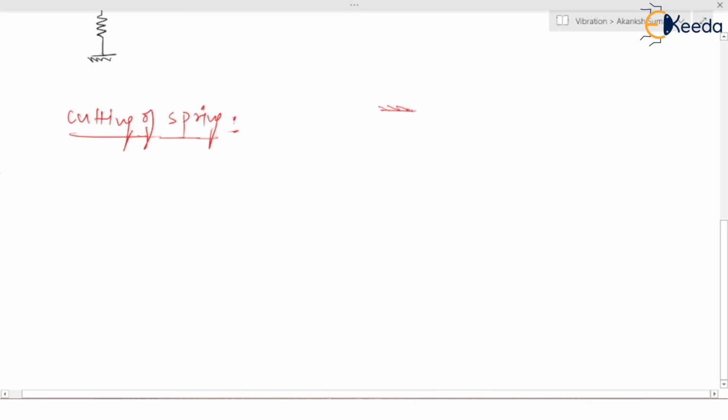Now let us understand. If this is a spring, I'm going to cut it into two pieces. Since I have cut this spring into two pieces, that means 1 and 1. Each is completely one spring because we have cut it. If the initial total stiffness of the spring is s, and we cut it into two pieces, what would be the stiffness of the remaining springs?